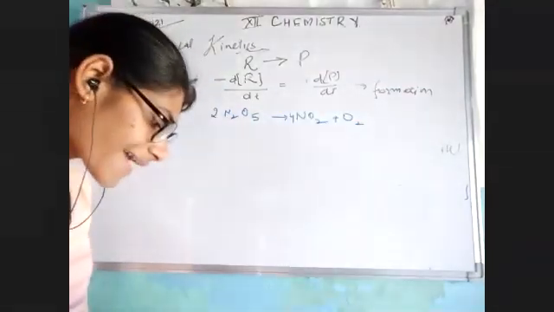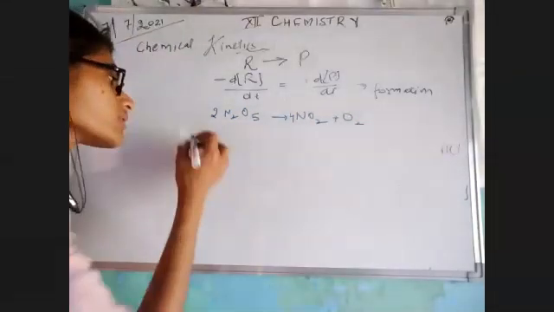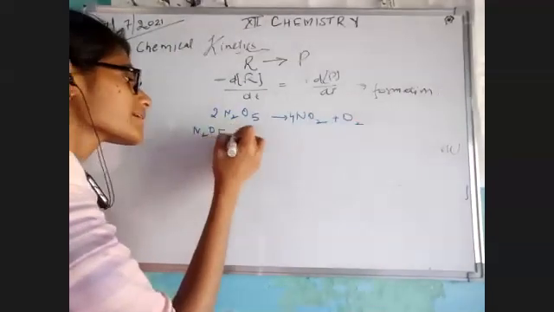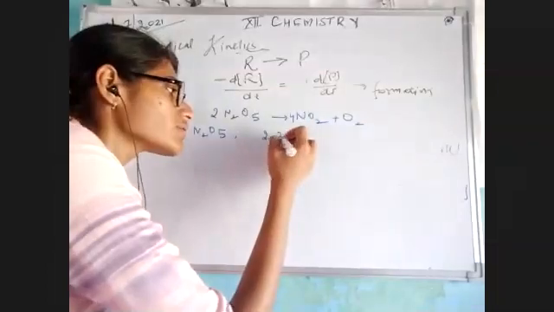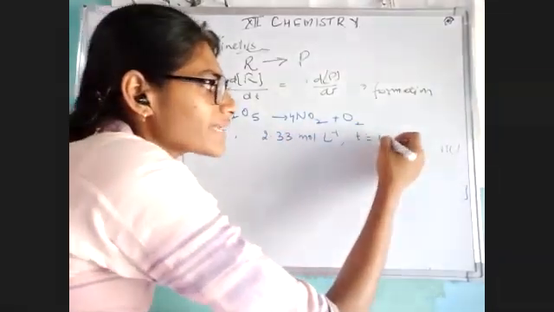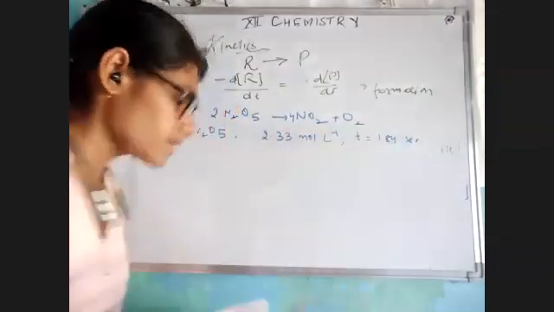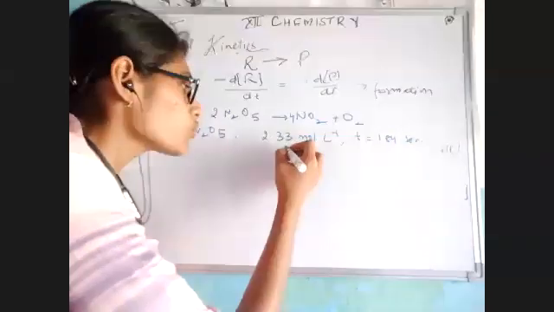Now we have been given that the concentration of N2O5 is decreasing from 2.33 mole per liter after time t equal to 184 seconds, but the initial concentration was 2.08.